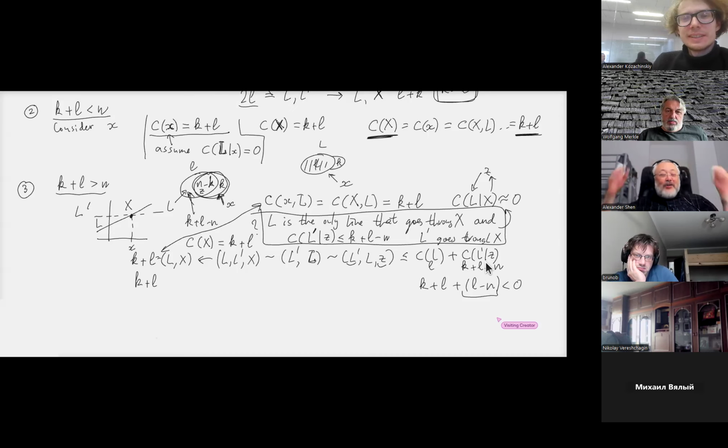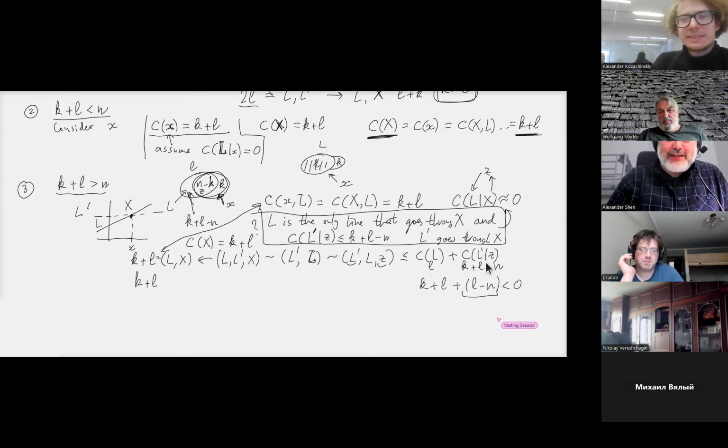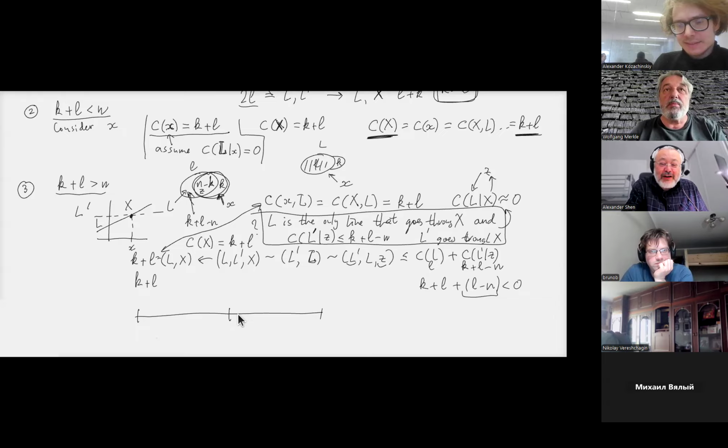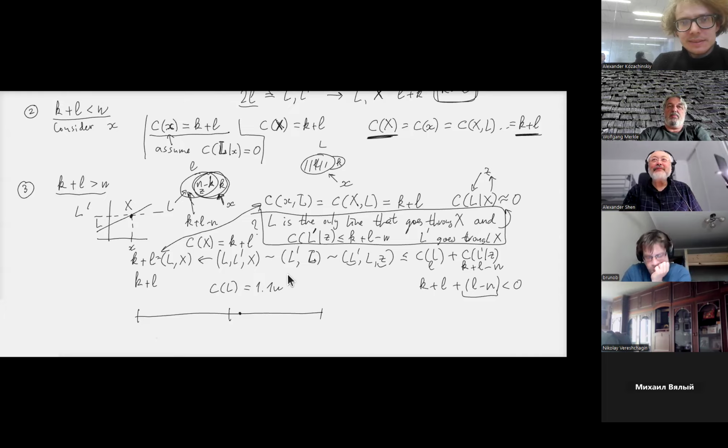I can also show the application of this idiotic argument to prove something. So imagine we now have another case. We have a line L of complexity, for example, 1.1n, and we want to find a point x on L of complexity, say, 1.5n. So this is an open question. But I will show how you can get a partial answer to this open question.